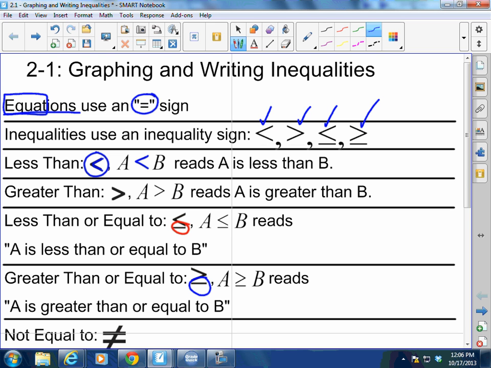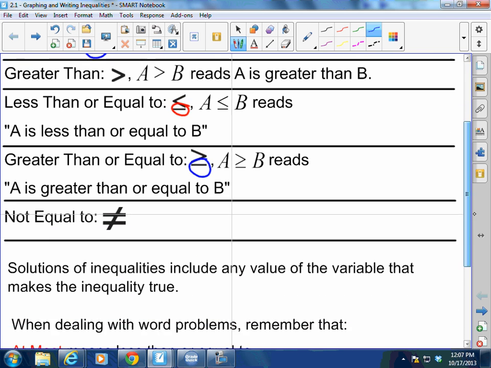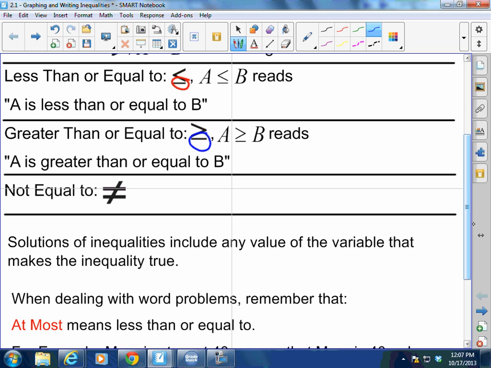So when I have A is greater than or equal to B, that means that A is larger than B, or it could be equal to B. And then if I have an equal sign with a little slash through it, that basically means not equal to. Pretty simple.